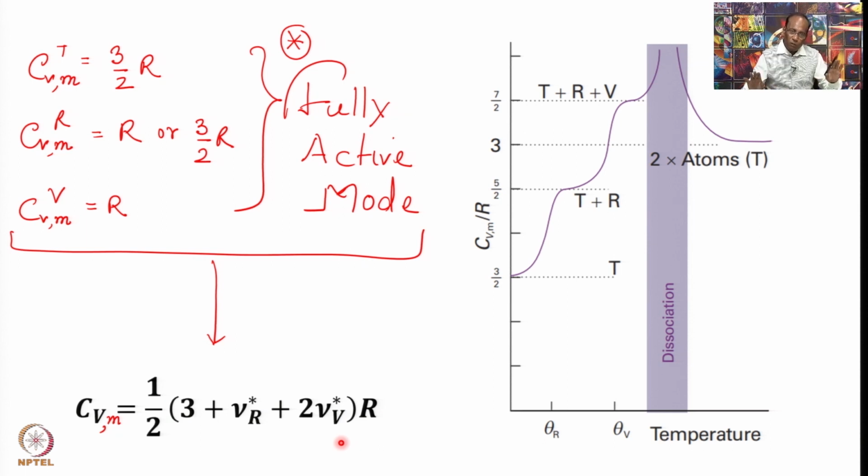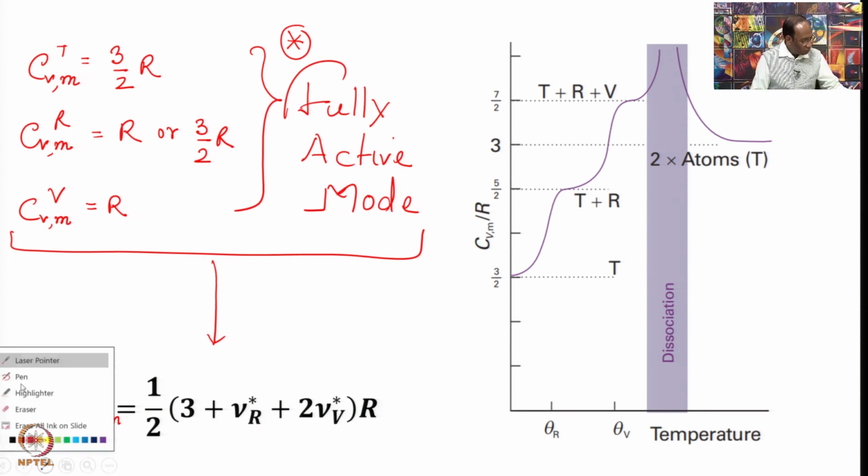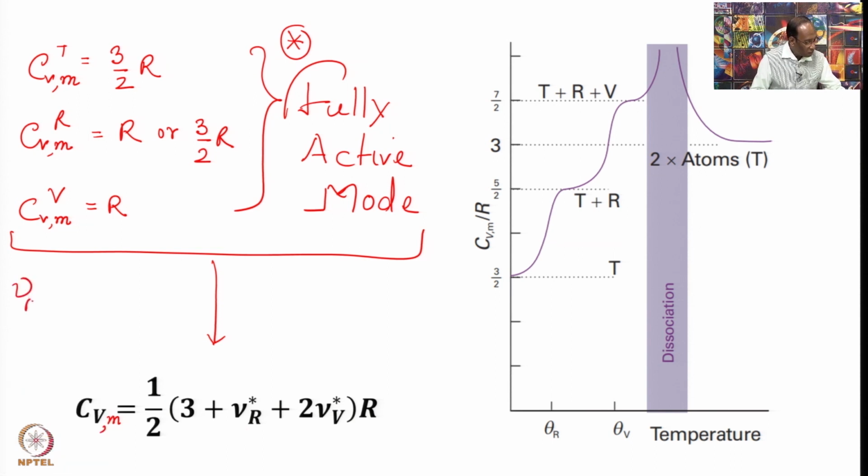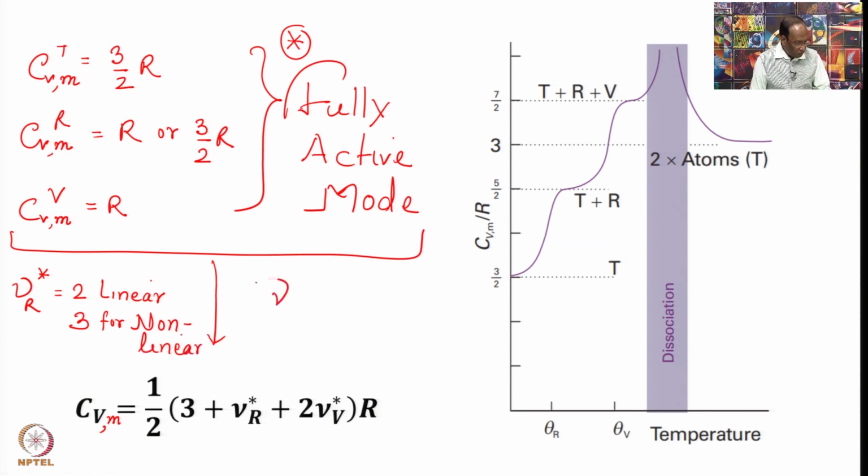If all the modes are fully active, then nu R star is 2 for a linear rotor and 3 for a non-linear rotor, and nu V star is equal to 1 if the mode is fully active.